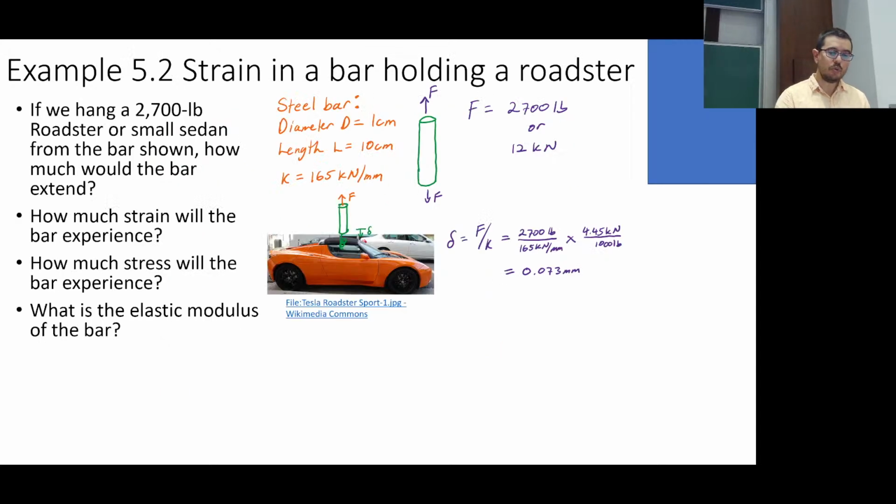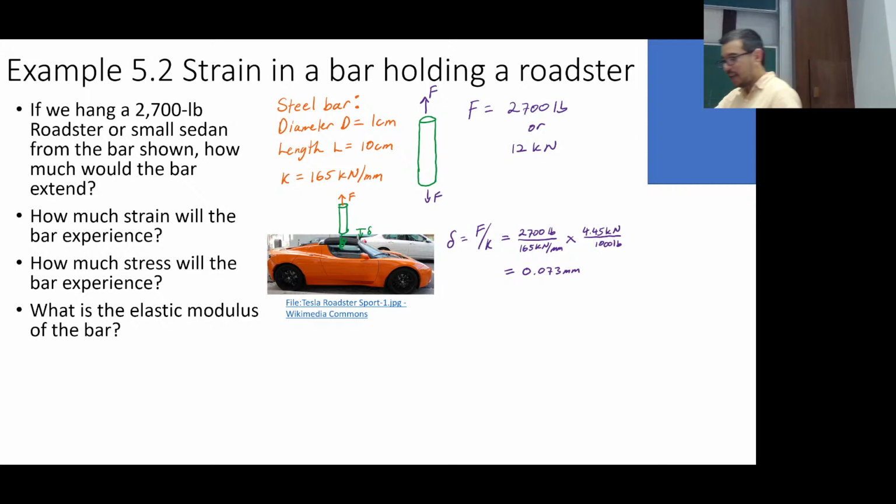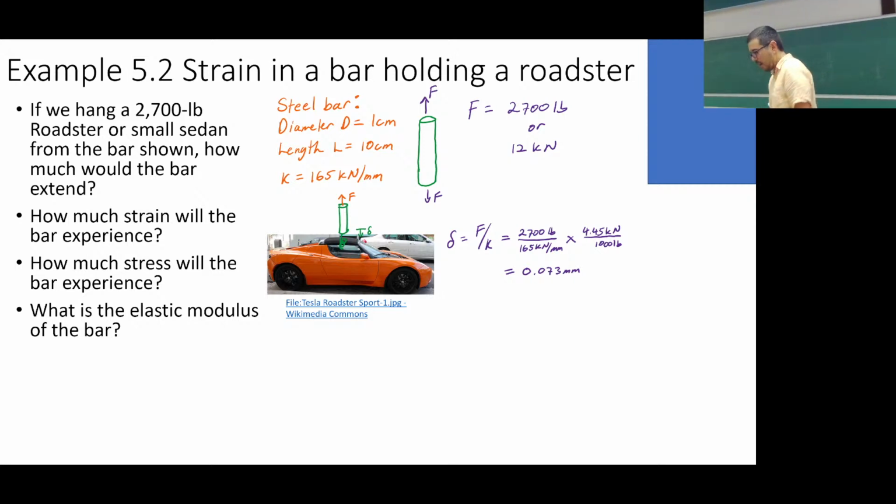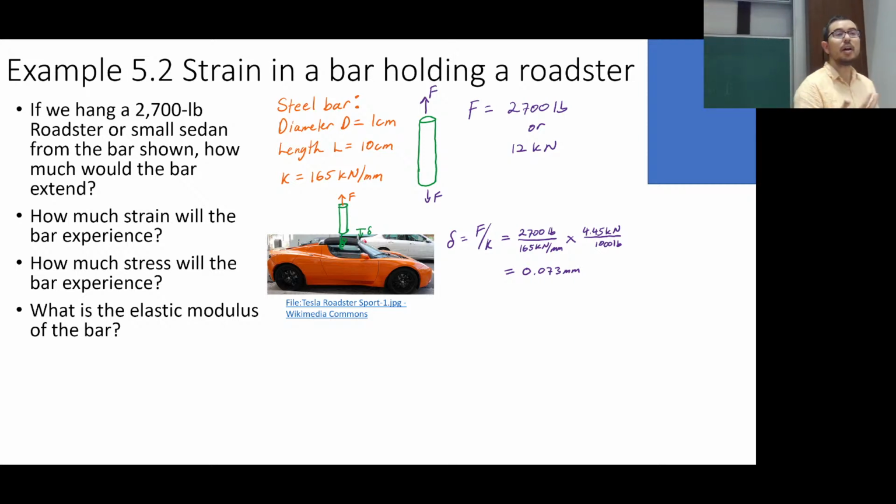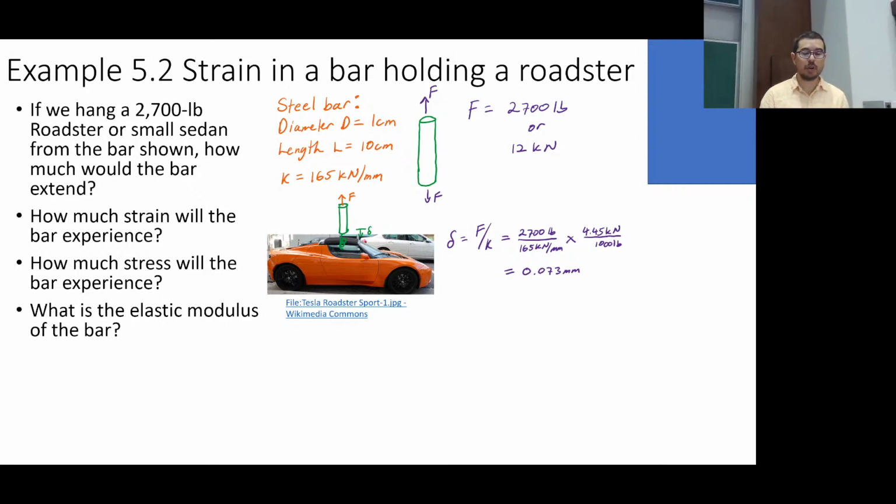Okay. So now, do you remember in the first class? We talked about these scaling relationships. And we talked about spring constants in materials as well. And we were just saying, hey, here's a 2,700 pound roadster, okay? And how much is the bar going to extend?